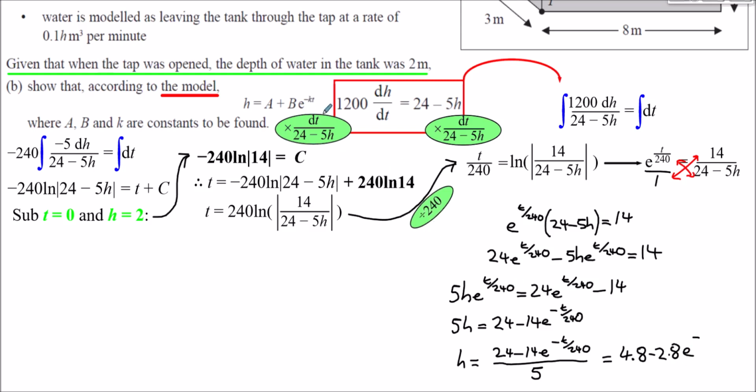Then the constant times t, I'll call the constant 1 over 240 to make it explicit, but I'm writing it exactly the same form as what the examiner wants it in. So therefore, that's what h is. Exact fractions would have been okay as well instead of decimals here. So instead of 4.8 and 2.8, you could have put exact fractions too, of course.